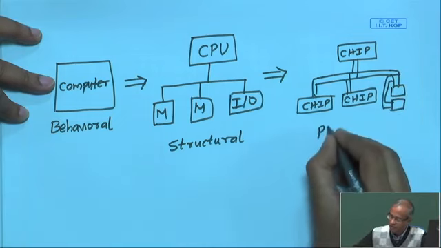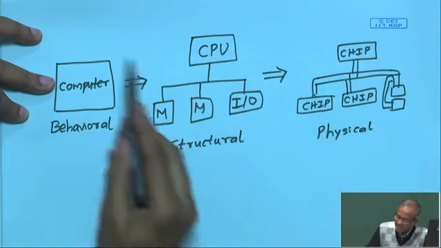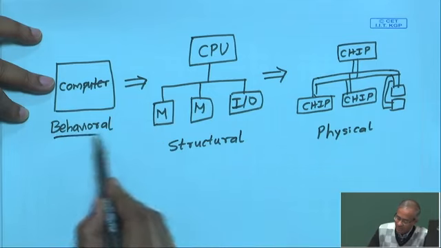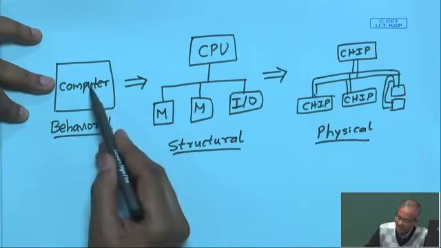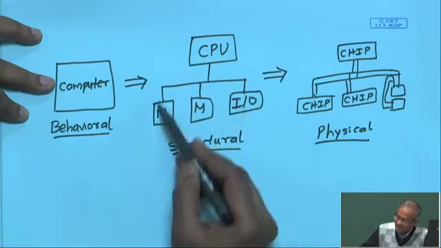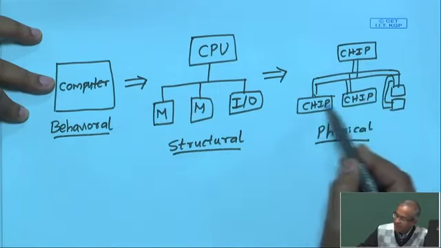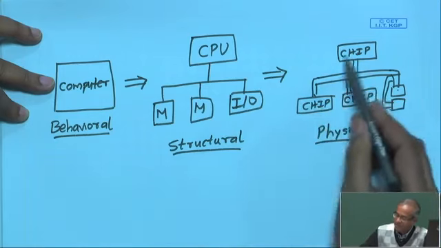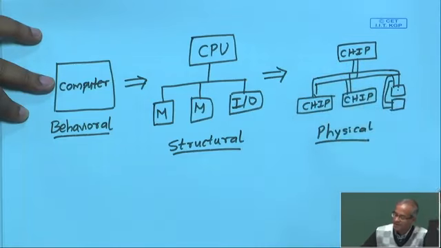So, this will be your physical view. What I mean to say is that the same design at the same level of abstraction can be viewed from three different angles: one as the behavior, another as a netlist, and the other as components which are actually manufactured and the system is implemented by interconnecting them, like chips in this case.